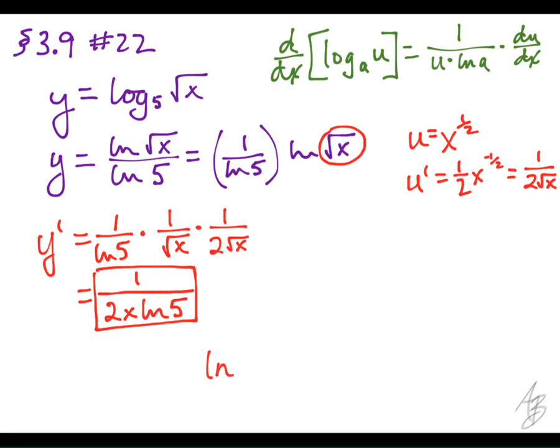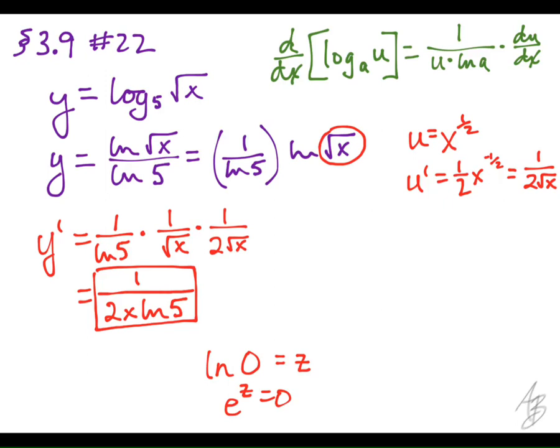If I want the natural log of 0 equals z, then that means e to the z equals 0. Well, what do you raise e to get 0?